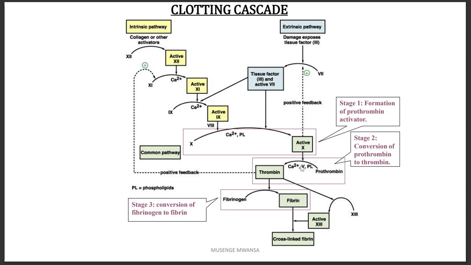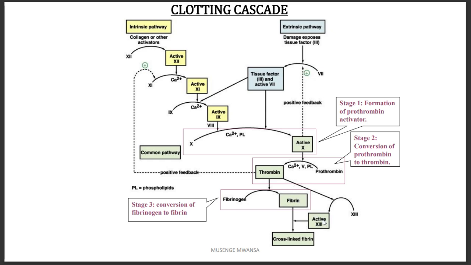And so on these stages, you can have the anticoagulation pathways. Now, we forget about anticoagulation. When we convert prothrombin to thrombin, that thrombin which has been formed can now convert fibrinogen to fibrin. Okay, fibrinogen into fibrin. Now, this fibrin which has been formed is what forms a mesh on the wound, but it is not that strong.